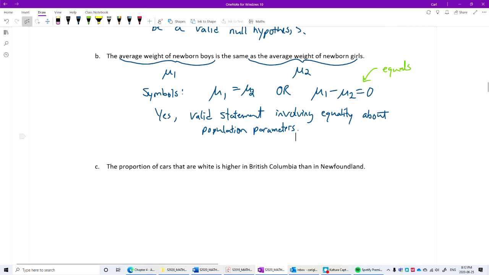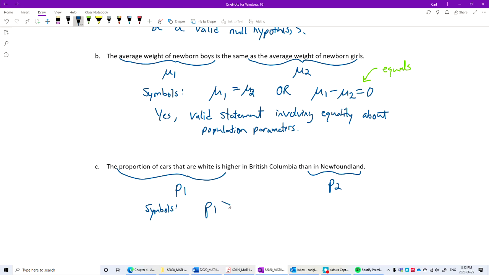Last one. The proportion of cars that are white is higher in British Columbia than in Newfoundland. So let's call the proportion in British Columbia P1, and we have a proportion P2 for Newfoundland. In symbols, this statement is saying P1 is greater than P2.